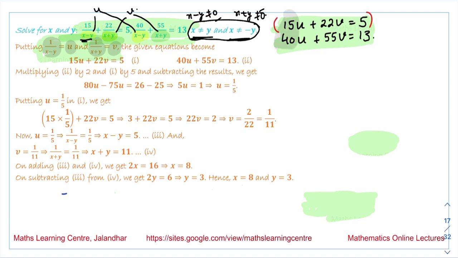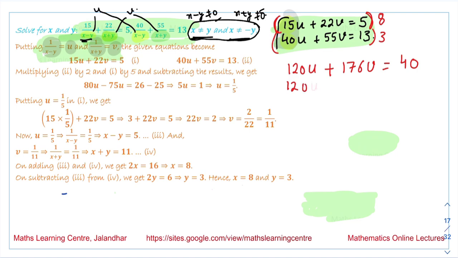Now look at these two terms over here, 15 and 40. The LCM of 15 and 40 is 120. So we want to convert this 15 to 120, and this 40 to 120. So we multiply the first equation by 8, and the second equation by 3. So it becomes 120u plus 22 into 8, that is 176v, equal to 40.